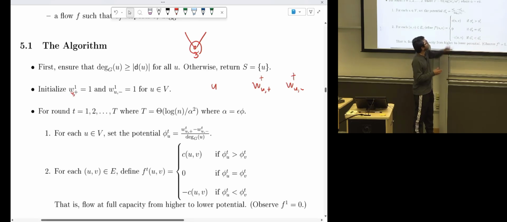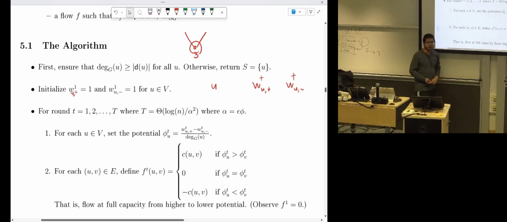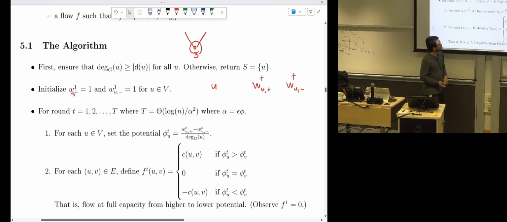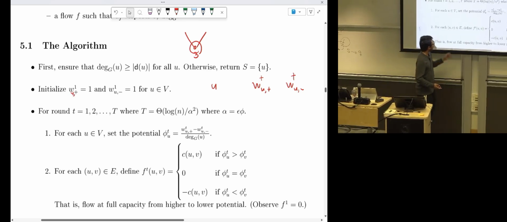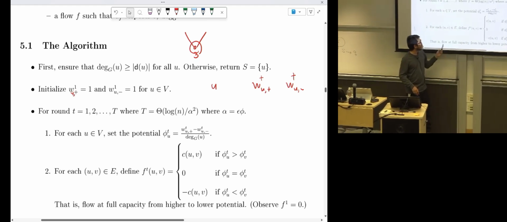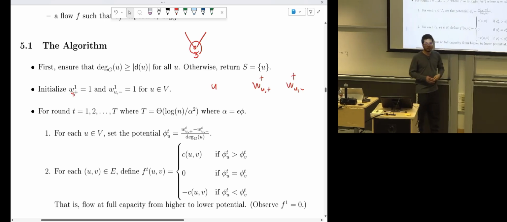In the first round, this is just 0, because the weights are all 1. And then we're going to construct the flow for each round t. This is just some formula, but what we do is just flow at full capacity from higher to lower potential vertices.